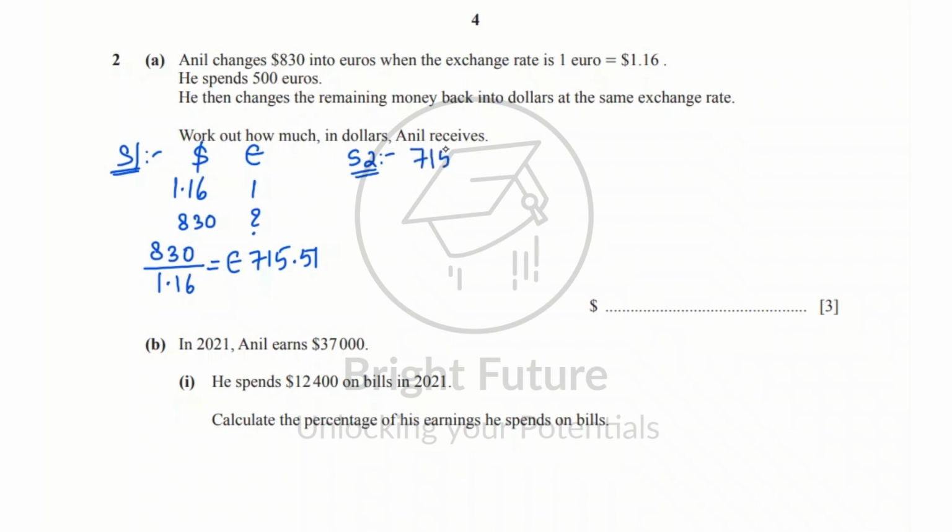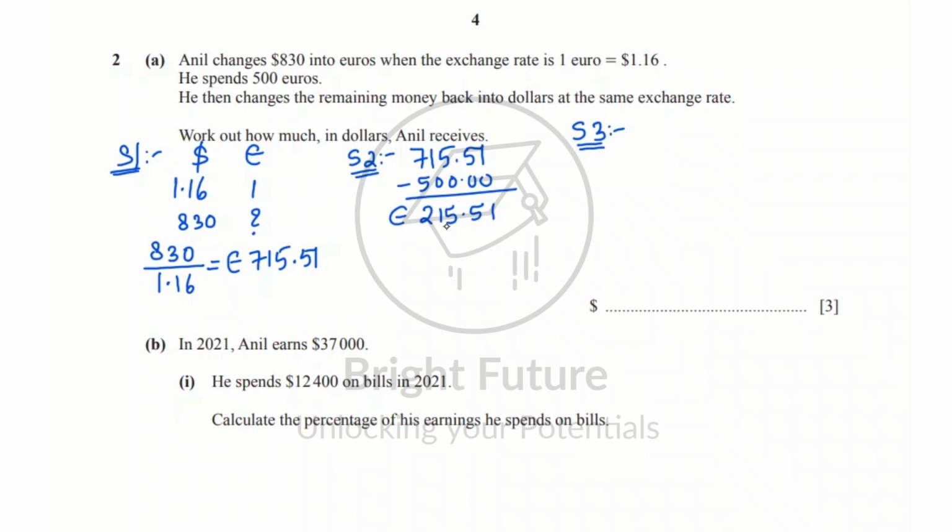Then out of these euros he spends 500. So 715.51 minus 500, we get 215.51 euros. Now we have to convert these back into dollars. So 1 euro is $1.16.